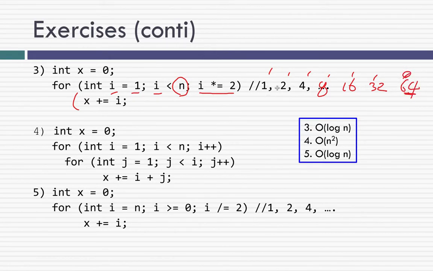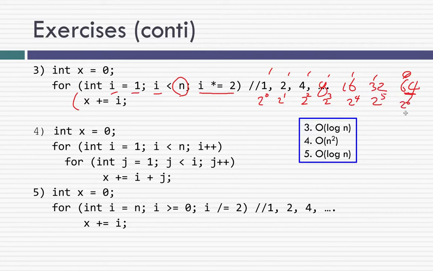Then what is the relationship between the data size and how many times? We just compute the log base 2, or what is the index of each number if it's a power of 2. So this is 2 to the 0, this is 2 to the 1, 2 to the 2, 2 to the 3, 2 to the 4, 2 to the 5, 2 to the 6, like that.